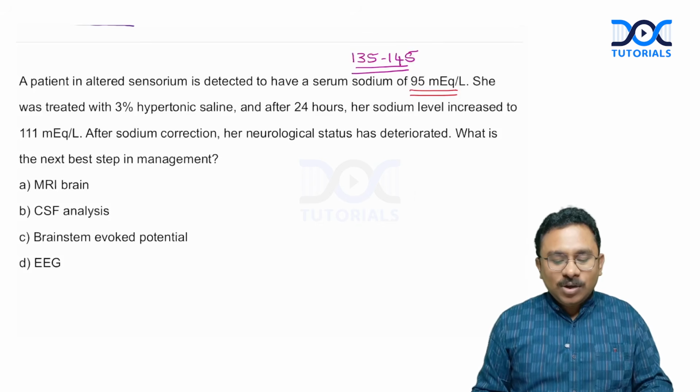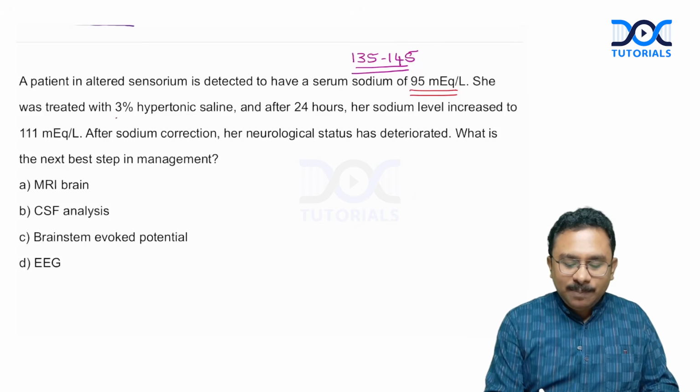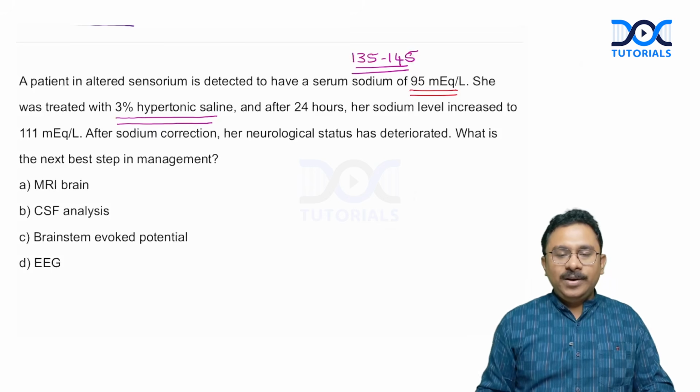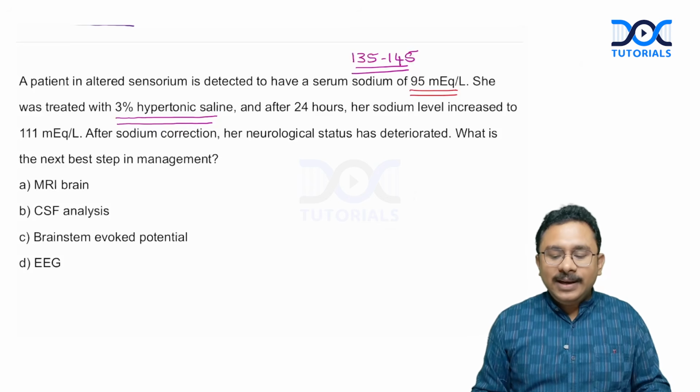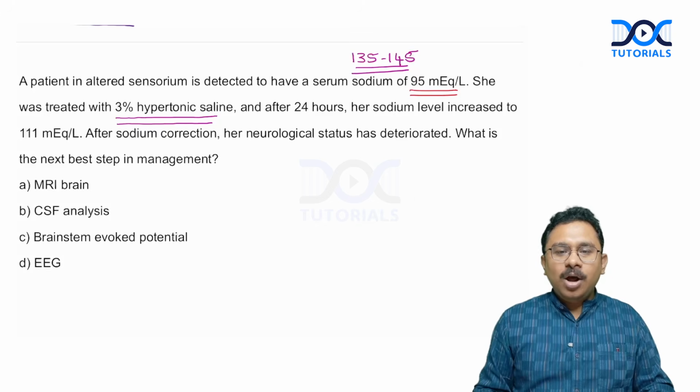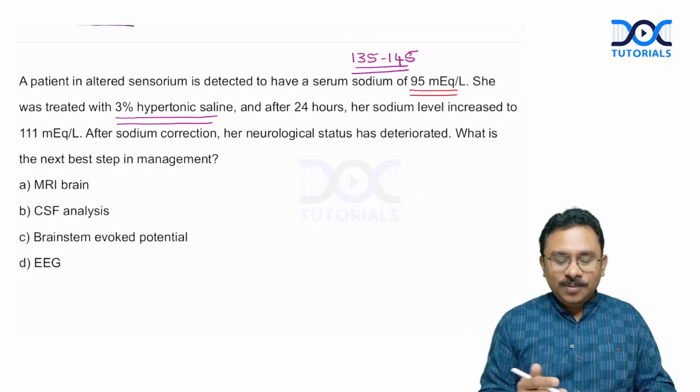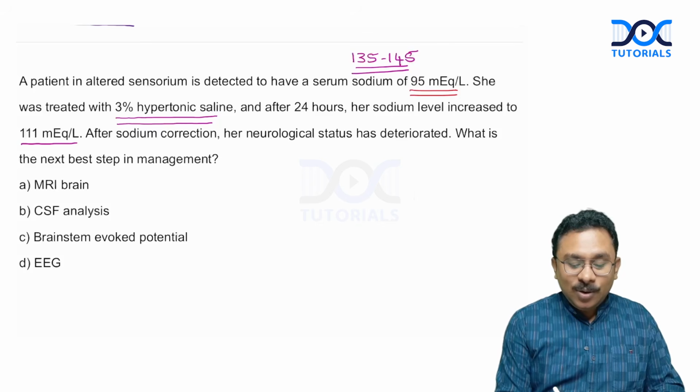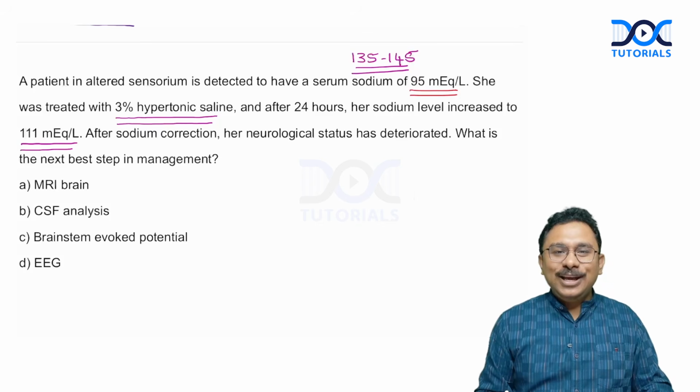The patient was then treated with hypertonic saline, because of the severe hyponatremia. After 24 hours, the serum sodium level increased to 111 milliequivalents per liter.